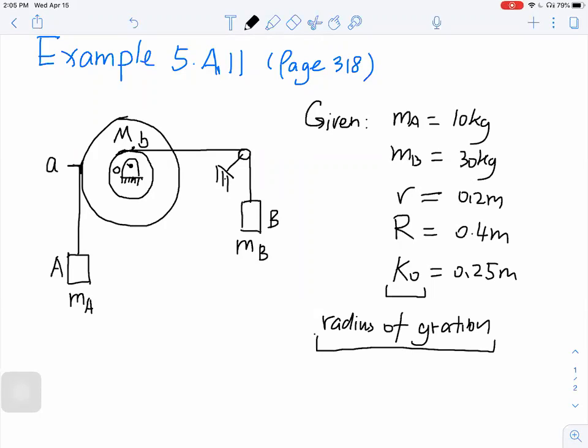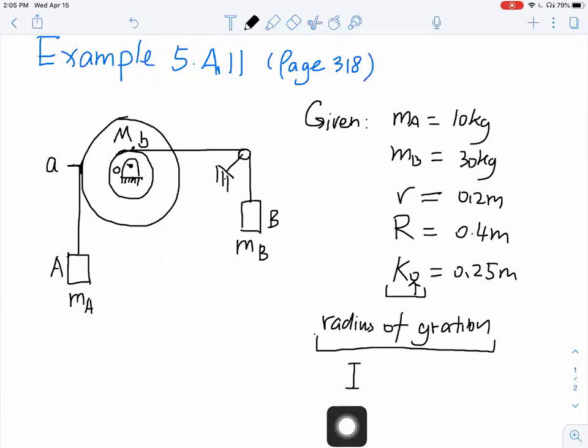The more mathematical expression for this radius of gyration is IG, no, IO, since here we use the letter O, the point where this drum is fixed.